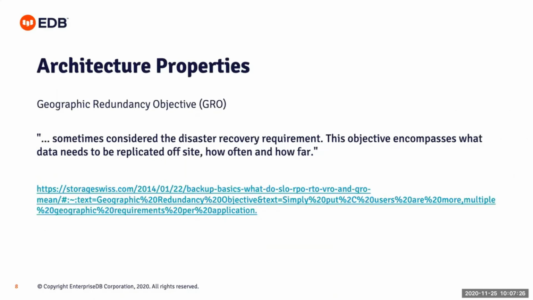The next one is geographic redundancy objective. Here we're talking about being able to survive a complete loss of, for instance, a data center. If your entire architecture and your databases, your failovers, and whatever else we're going to get into is situated in one data center, and that data center suffers a complete loss of power or even flooding or something like that, then you've lost your data center, you've lost your databases.